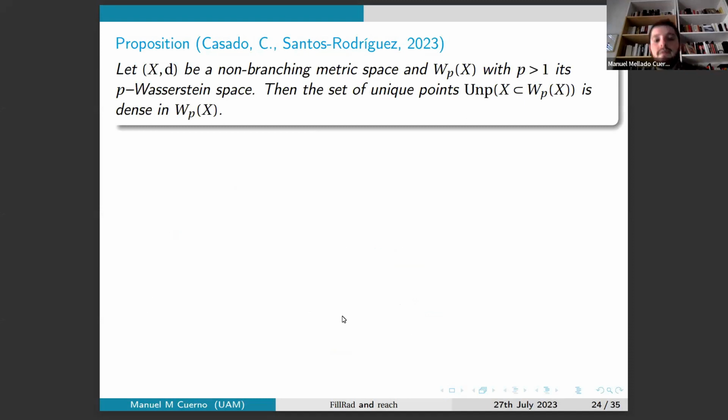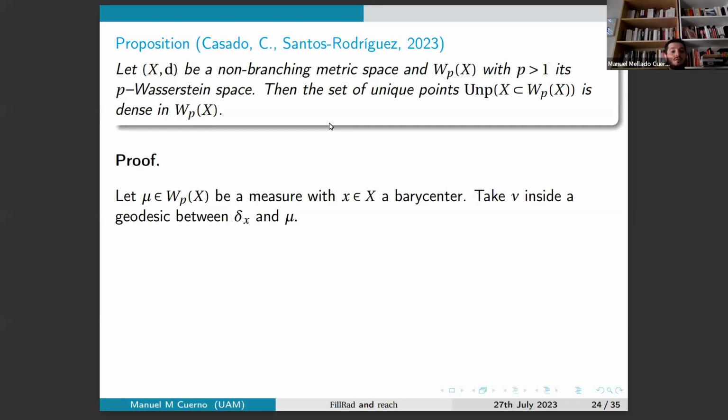First of all, answering one of the open questions we had in the case of L infinity: in the Wasserstein space of a non-branching space, the set of unique points is indeed dense. It is a very straightforward proof. If mu is a measure in the Wasserstein space with X its barycenter, we take a measure nu inside the geodesic between delta X and mu.